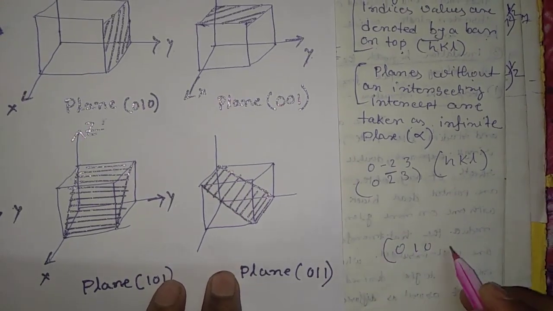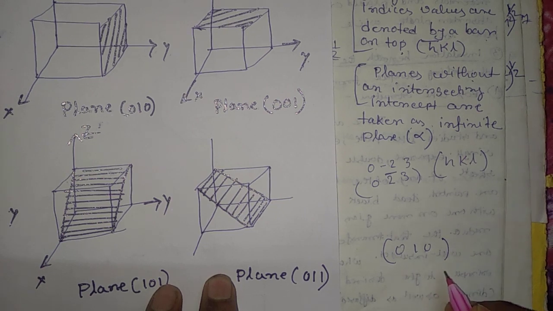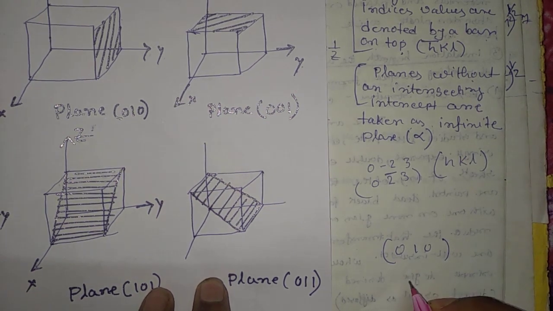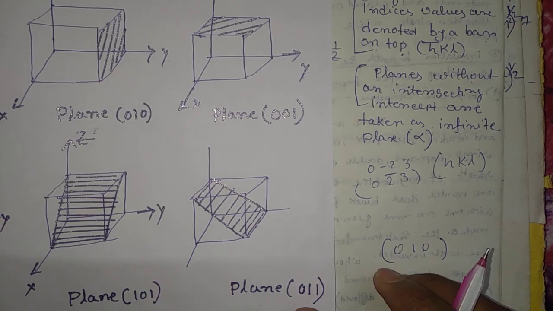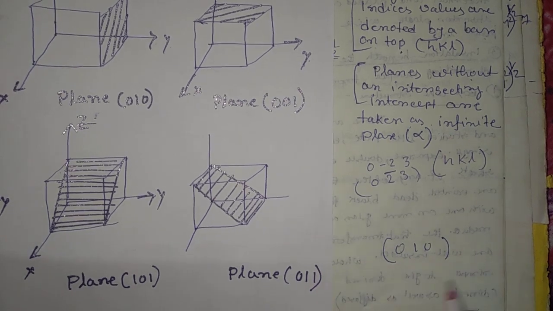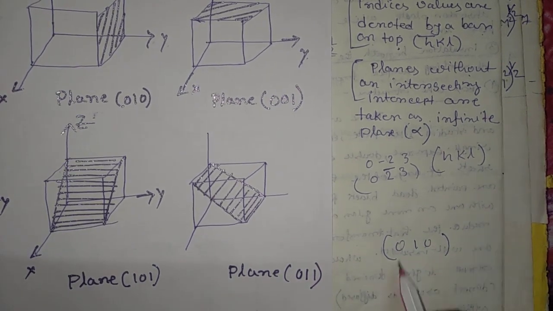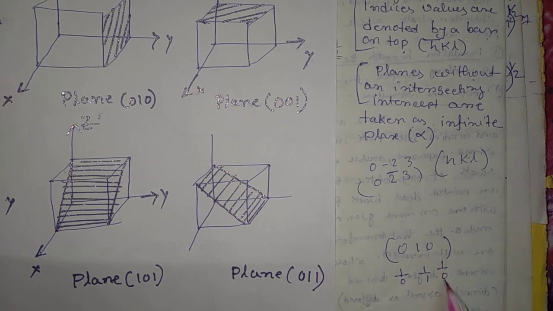So these are the Miller indices which indicate a particular plane 0 1 0. Now what is the intercept point? The intercept point will be the reciprocal of the Miller index numbers. So that will be 1 by 0, 1 by 1, and 1 by 0.